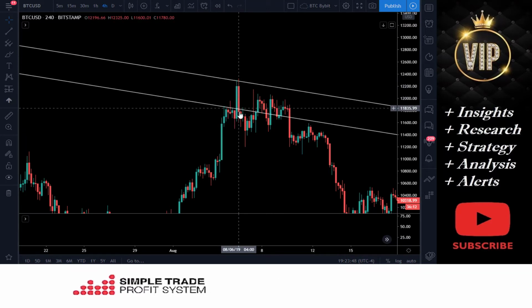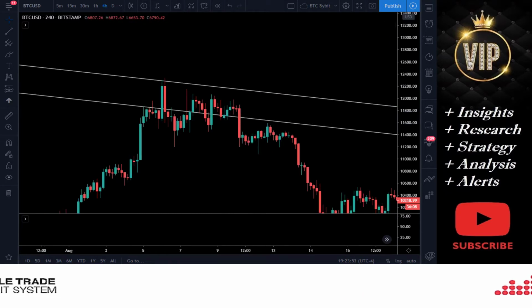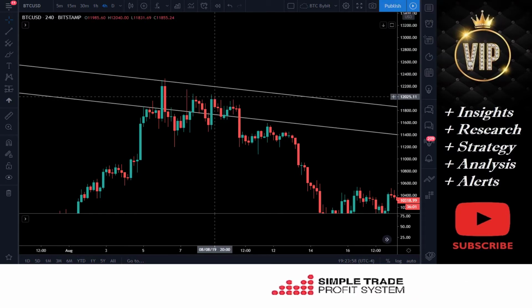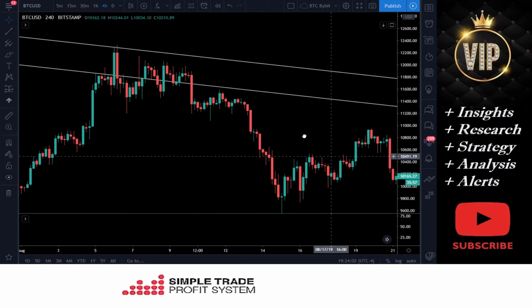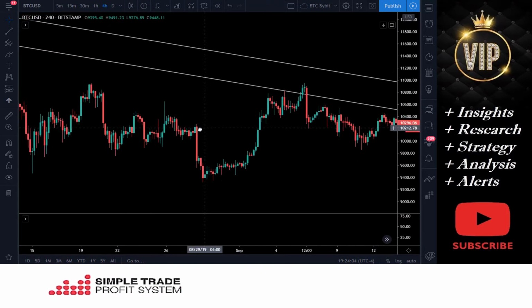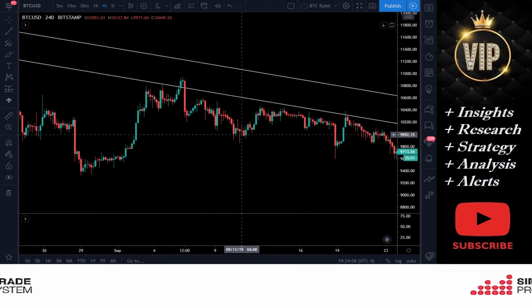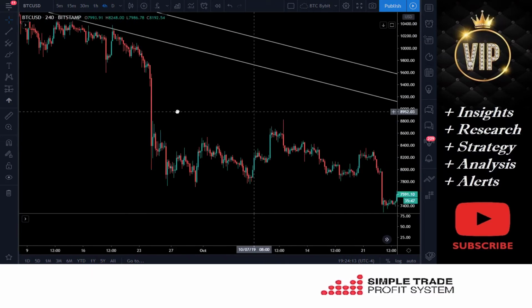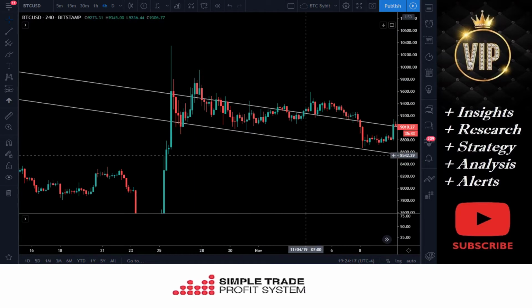It came up to the second one, came all the way down, rejected strongly right here again with this big wick. And then eventually came back up, touched again, and came down. We can see it kind of broke out. It was rejected here, came up here, rejected here strongly all the way down. Here was our little fake breakout, but you can see how this is an area of value.